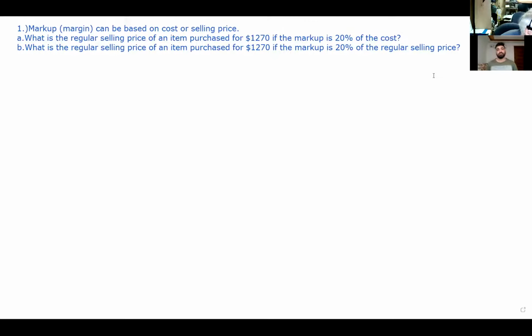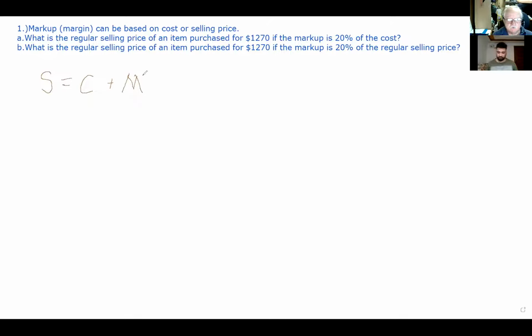So let's take a look at the basic formulas that we're going to be playing with here. They're going to start with the idea that the selling price, and I'll use S, equals the cost plus the markup.